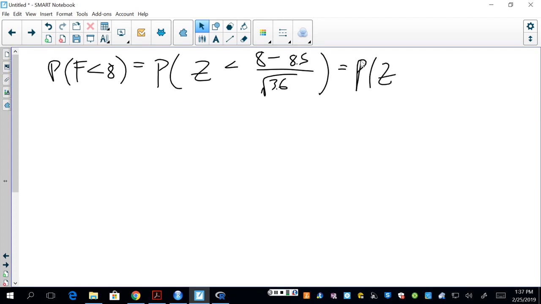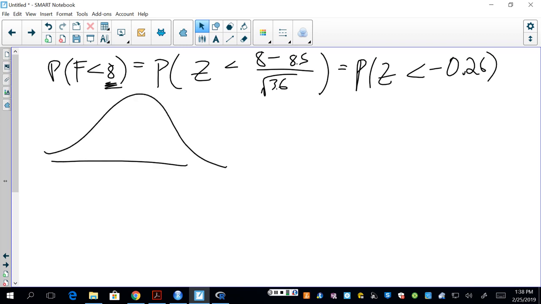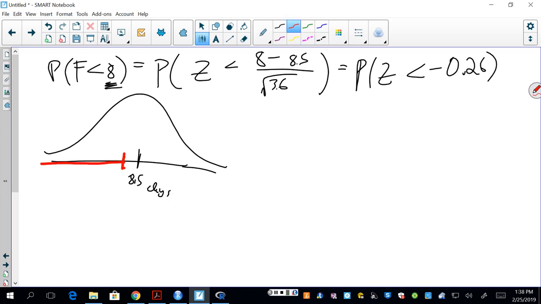The probability that z is less than negative 0.26. So what does that negative mean in this context? The value we have is x, and our normal picture would have the average at 8.5, in days. We're asking what's the probability that survival is less than 8 days.